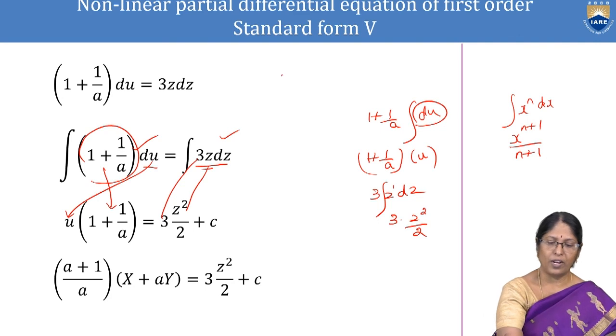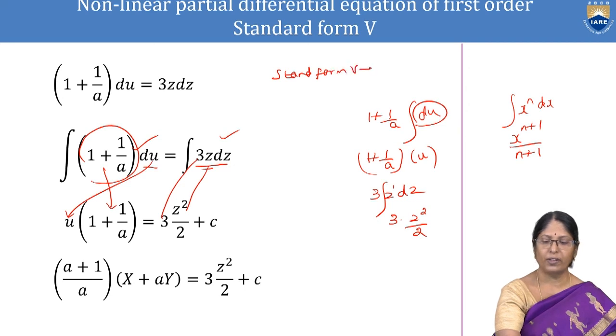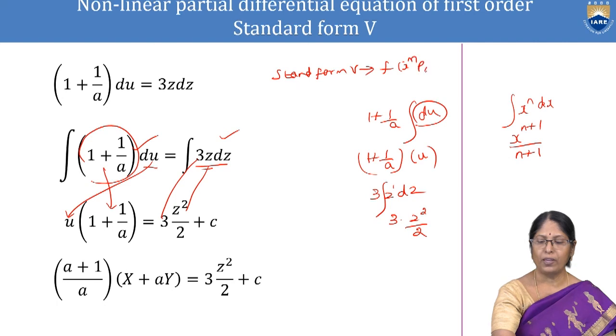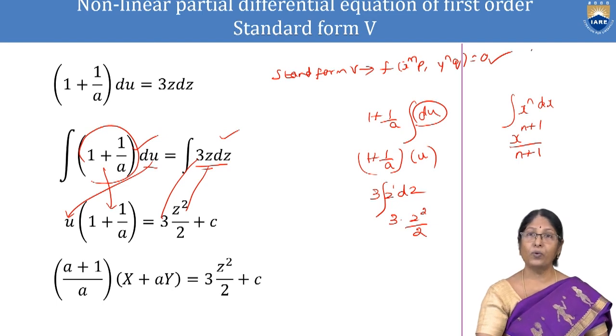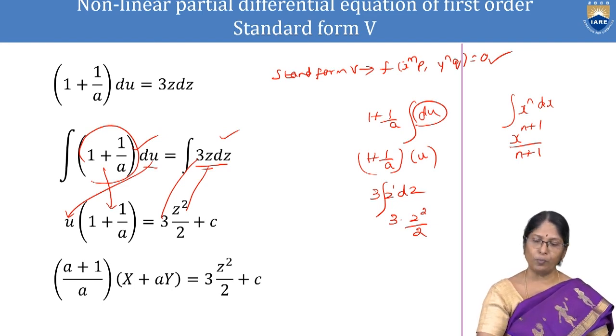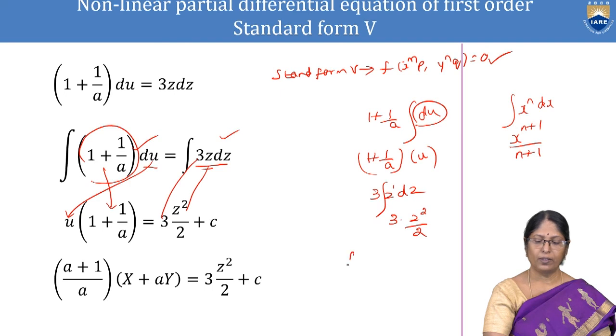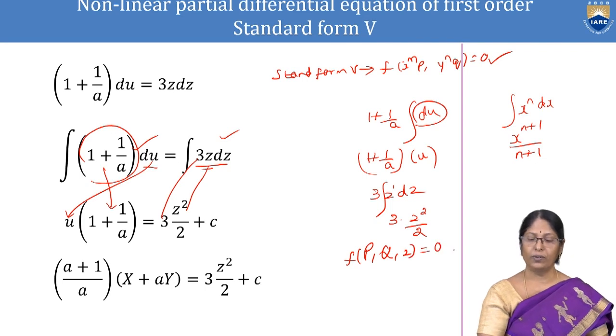the standard form, standard form 5 in short form I am writing. That is f of x power m p, y power n q equal to 0. Thus, we reduced it into standard form 2, that is f of P, Q, Z equal to 0.